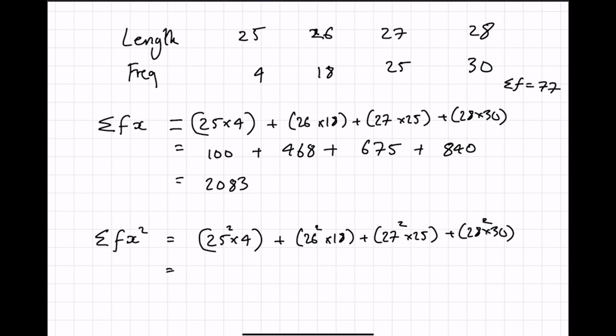So 25 squared times that first one gives you 2500. 26 times 26 times 18 gives you 12,168, plus 27 times 27 times 25, which is 18,225, plus 28 times 28 times 30, which is 23,520.